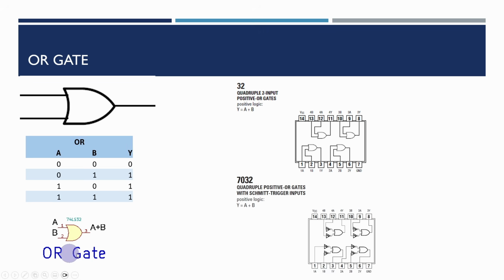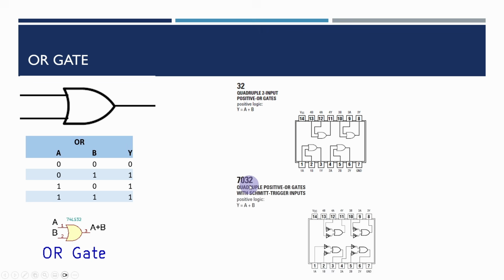And this is the symbol in KiCad for the OR gate, again very similar to above. It's just yellow. Now, there aren't so many OR gates available, and in fact there's only really one main series OR gate, the 74LS32. You can see this is a quad 2-input, 1-output gate.